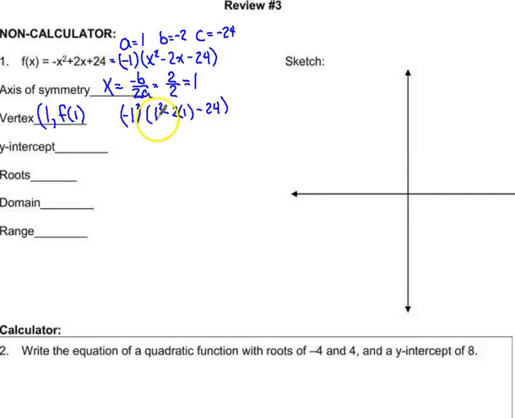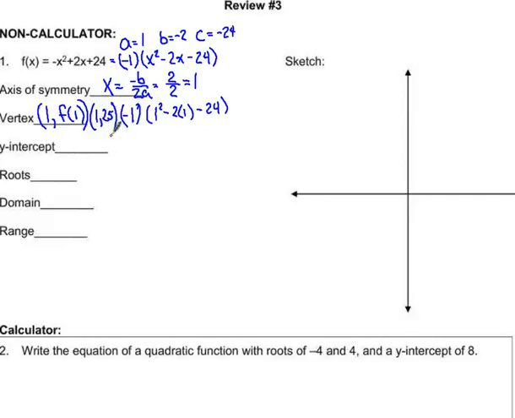All right, 1 squared is 1, minus 2 is -1, and we subtract 24 more, we get -25, and then we multiply it by the -1, and we get a value of positive 25. So our vertex is going to be at (1, 25).